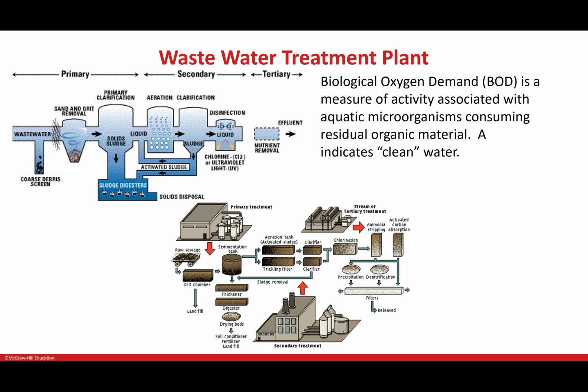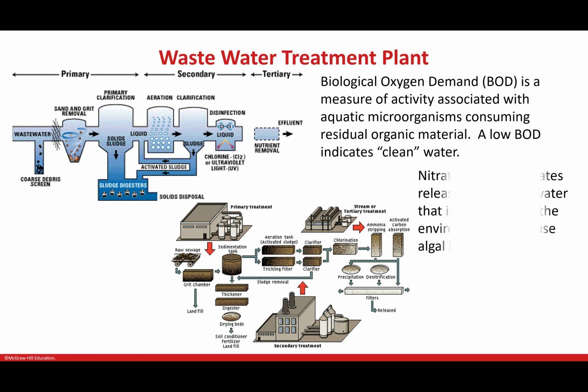I worked at the Iowa Army Ammunition Plant in Middletown, Iowa, in their chem lab and their metrology lab, and in the chem lab they do these biological oxygen demand tests. A low BOD means you have clean water. A high BOD means you have little critters using the oxygen in your water, and they're flourishing because they have nutrients.